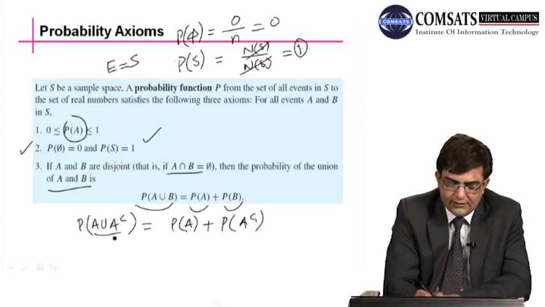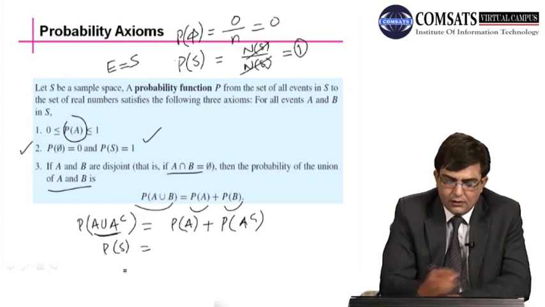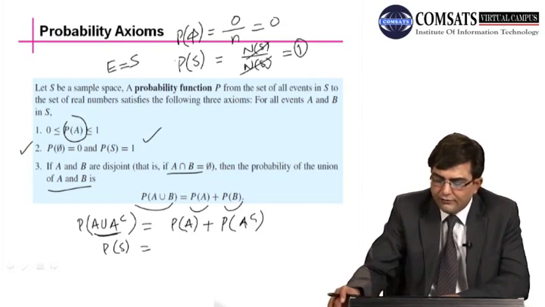Now what is this? This is S, the probability of S. Now we have to calculate the probability of A complement.